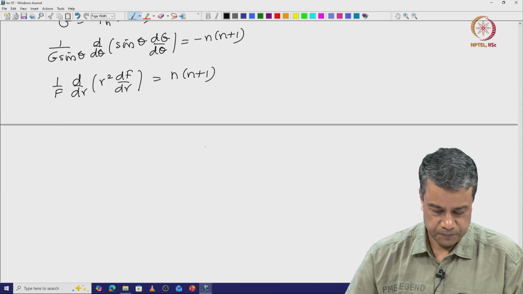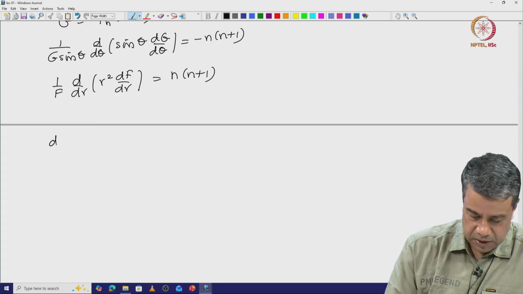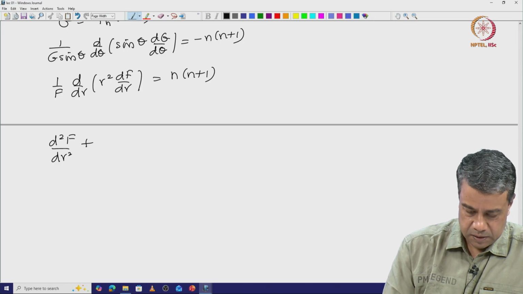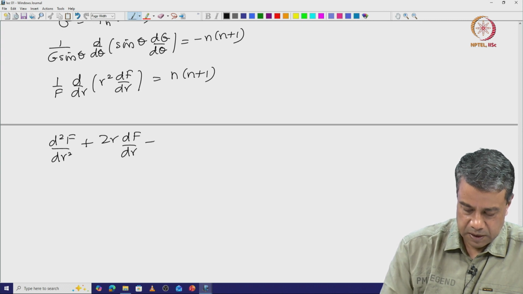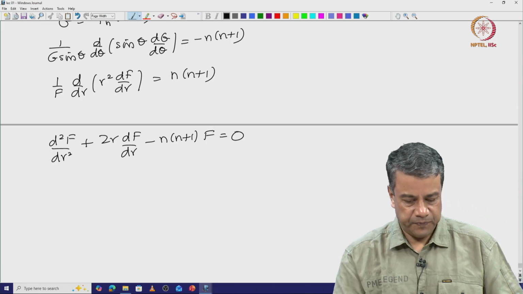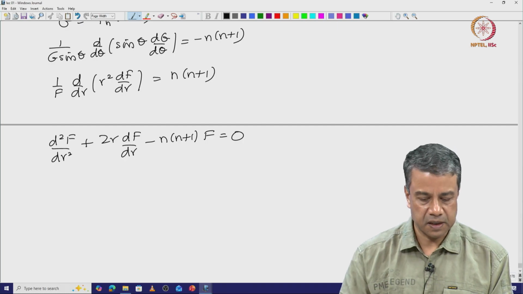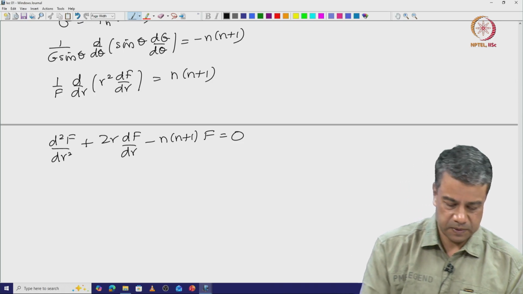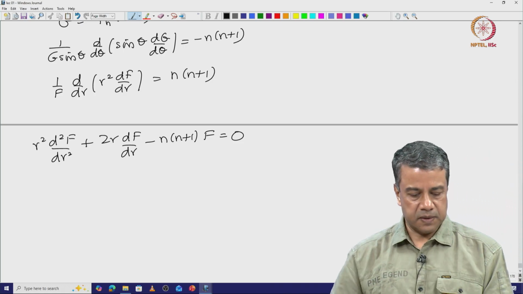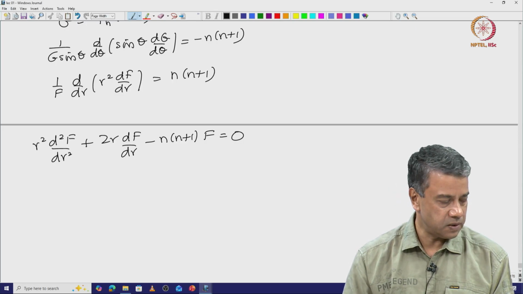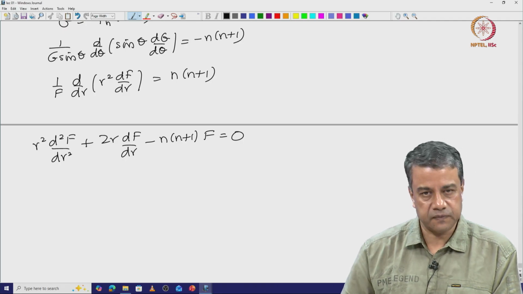Or d square f by dr square plus 2r df by dr minus n into n plus 1 f is equal to 0. Expand this out, multiply by f on the right hand side and expand out the derivative. You get r square d square f by dr square, I am sorry, there should be an r square here, plus 2r df by dr minus n into n plus 1 into f is equal to 0. So, that is the equation for f.